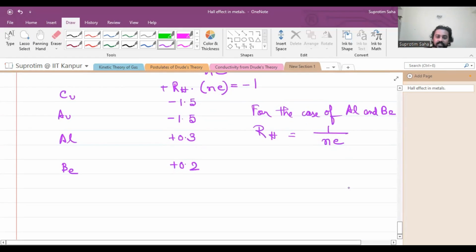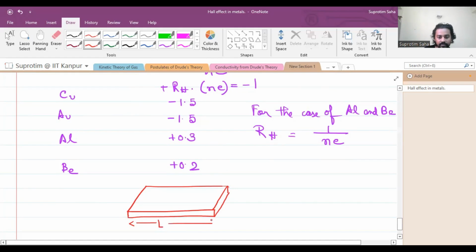Before that, let me clear it out about the Hall coefficient and the Hall voltage, which is needed when you make a Hall sensor. You measure the Hall voltage only. So in this configuration, let me draw a schematic. This is your sample. This is the length of the sample.